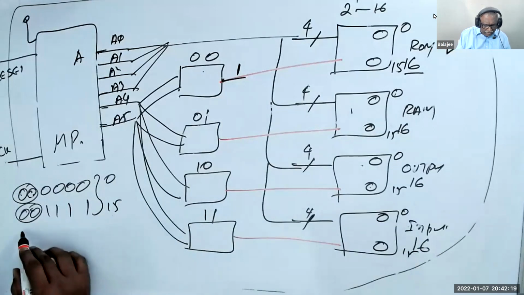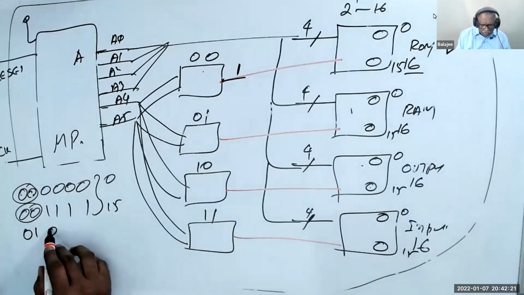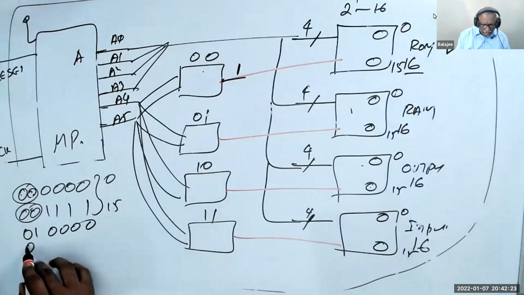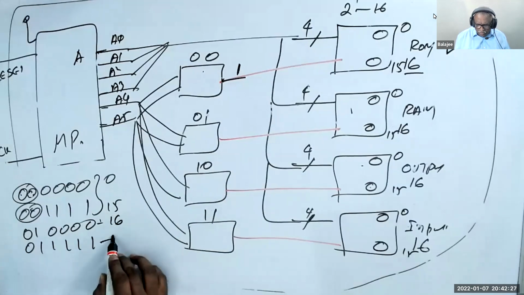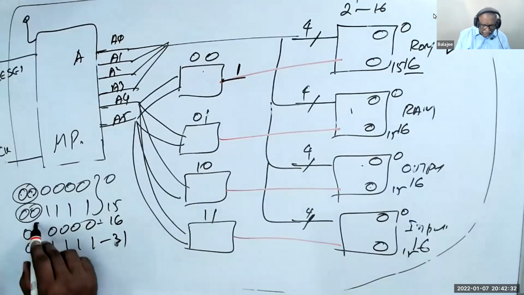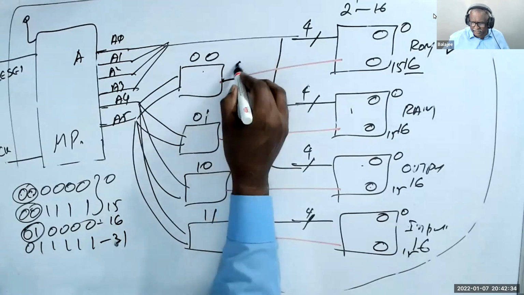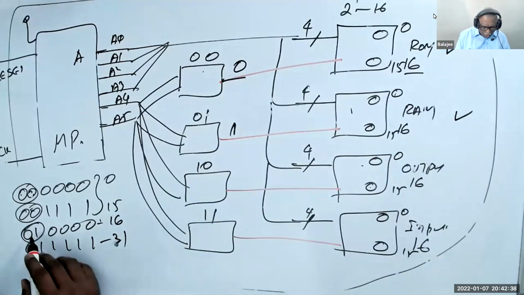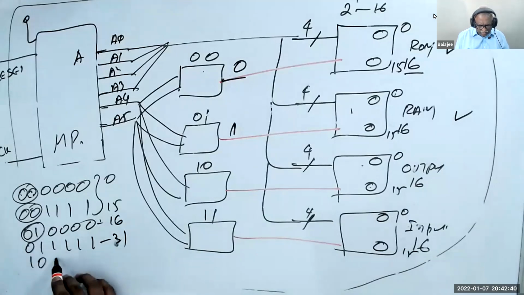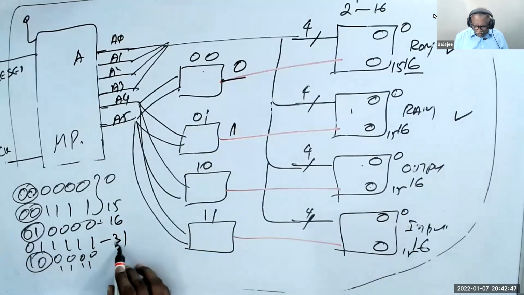Then when you have 01 0000 to 01 1111, that is 16 to 31, this is 0, 1. That time this is not selected, and this one is selected. Then 10 0000 to 10 1111. Now what happened? This is 1, 0, that is 32 to 47. Which is selected? This is selected.